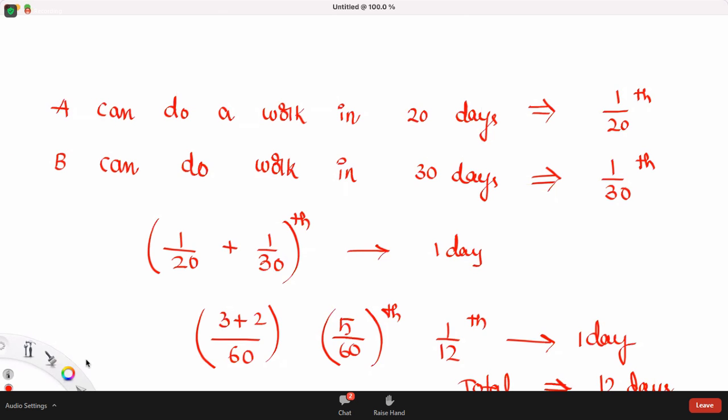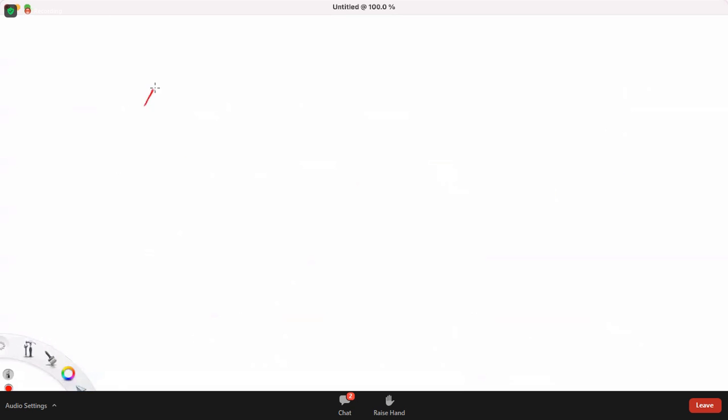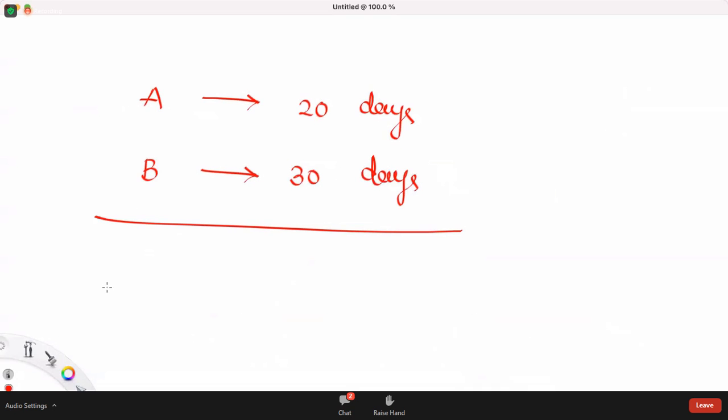But it is also taking some time. That's the reason you can also solve it like this. What is the data? A can do a work in 20 days of time. B can do the same work in 30 days of time. So what I'm trying to understand is that here work is constant. Because work is constant, plug in something for the work. I don't know what the work is, but I'm able to see two numbers in the data.